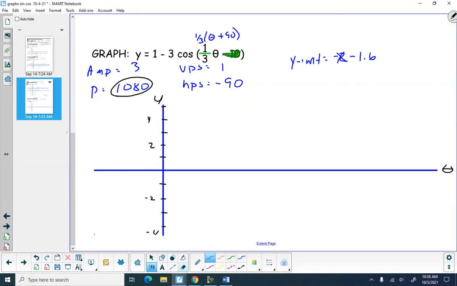So if I go, let's see, here's negative 180, 180, 360, 540, 720, 900, and 1080. And then I can divvy those into halves.